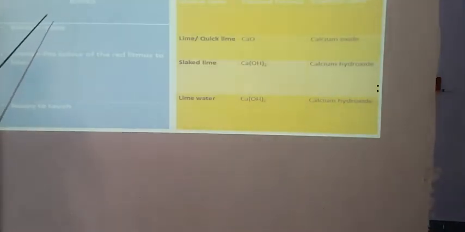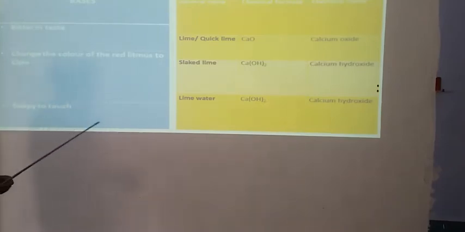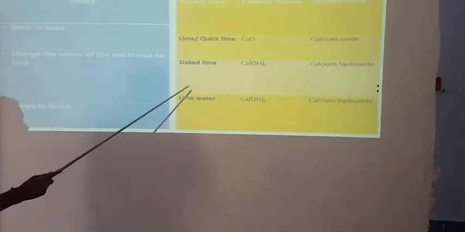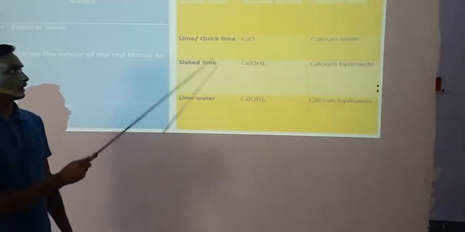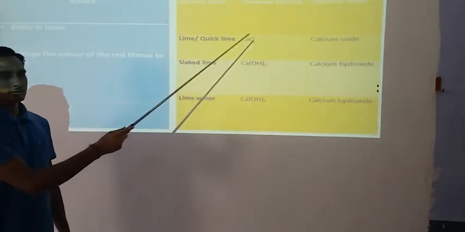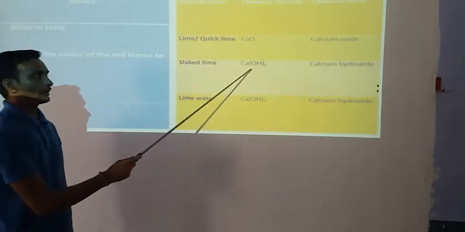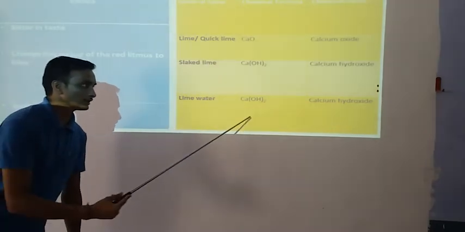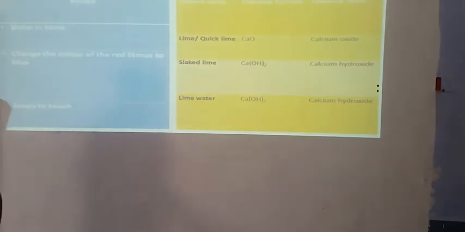As we studied, bases are bitter in taste, change red litmus to blue, and are soapy to touch. Here are some bases and their chemical formulas. Quicklime, calcium oxide; slaked lime, calcium hydroxide; lime water, calcium hydroxide.